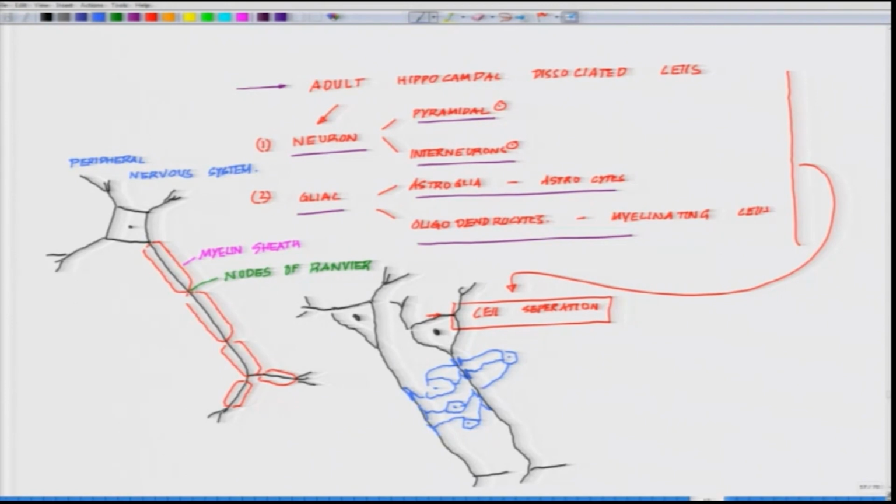You are seeing that these blue color cells are forming a very similar kind of covering as you see here. So, this is a form of myelination that you see in the central nervous system neuron.